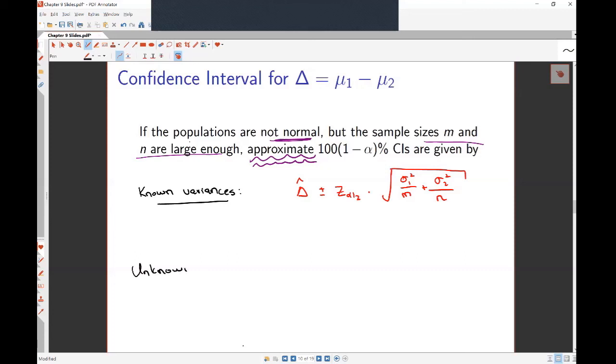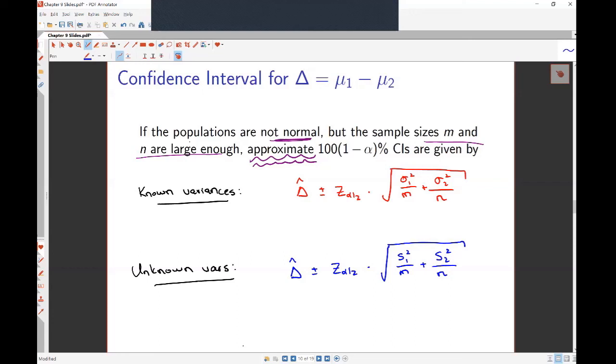But if the variances are unknown, we have to replace the sigmas with their sample counterparts. So in this instance, our confidence interval formula replaces the population variances with sample variances.